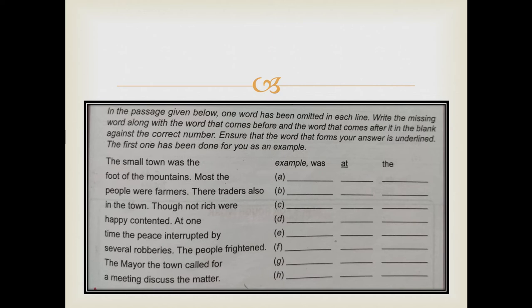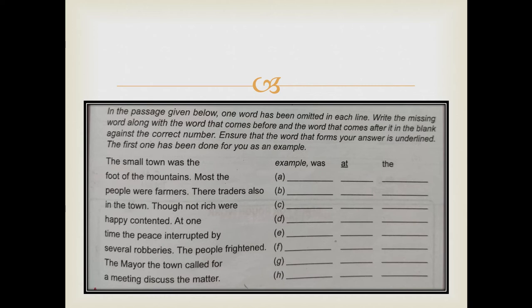The people frightened. The mayor, the town called for a meeting, discuss the matter. Okay, so this is the passage, unedited one, which we have read. Now we are going to supply words in this passage and make it meaningful.